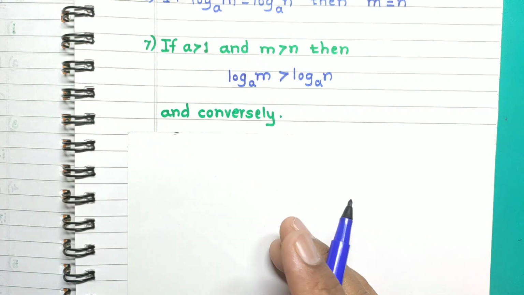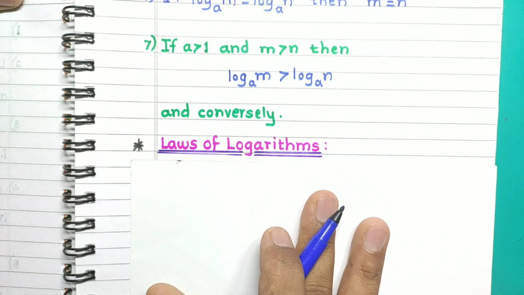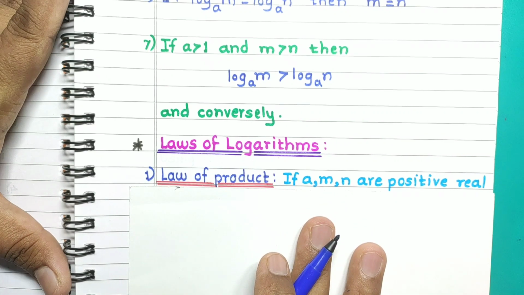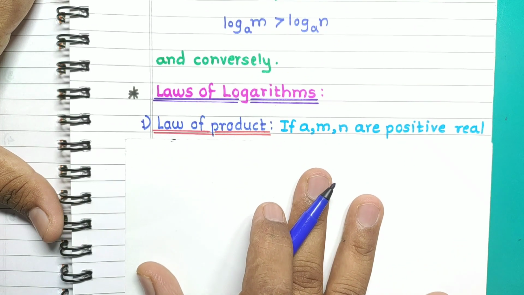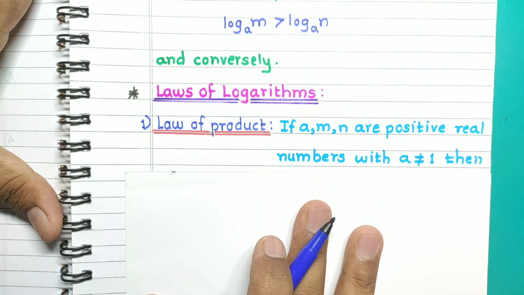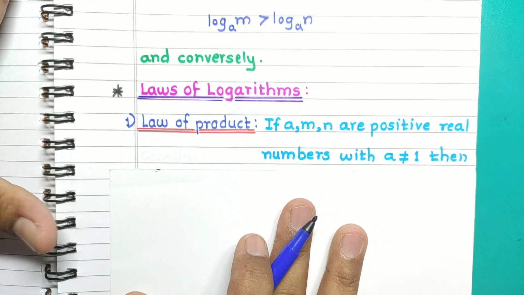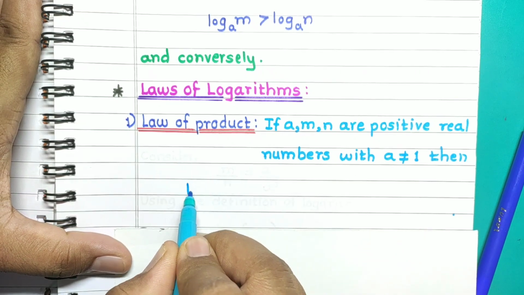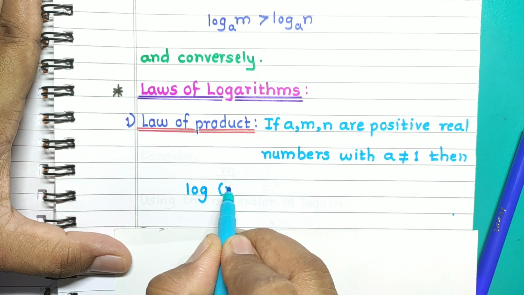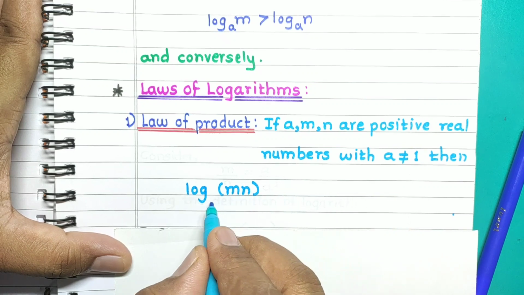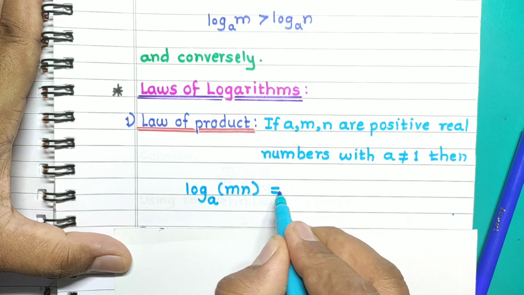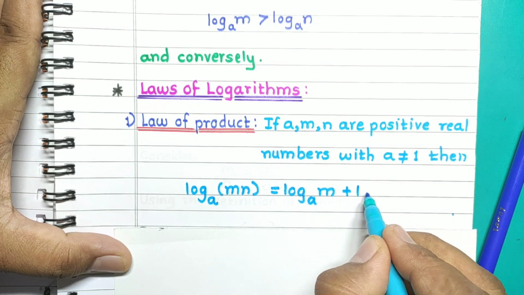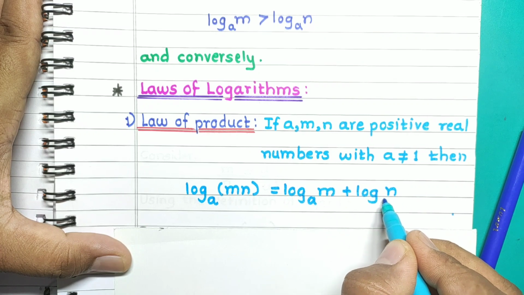Now let's move on to the next important concept, laws of logarithms. The first law is the law of product. If a, m, n are positive real numbers with a not equal to 1, then log of mn to the base a is log of m to the base a plus log of n to the base a.